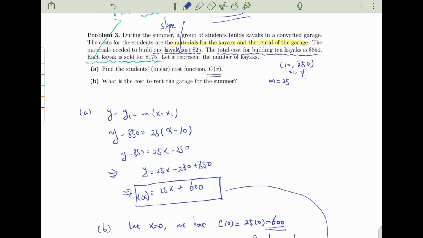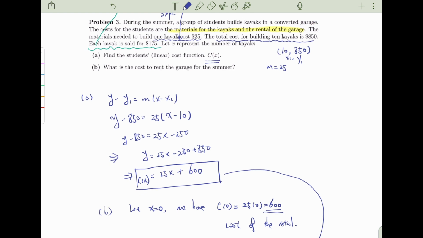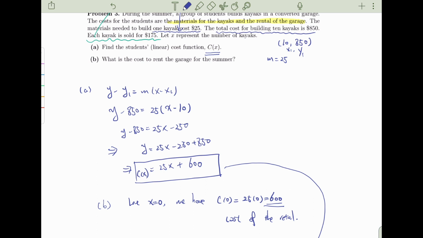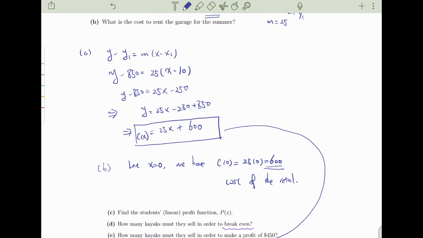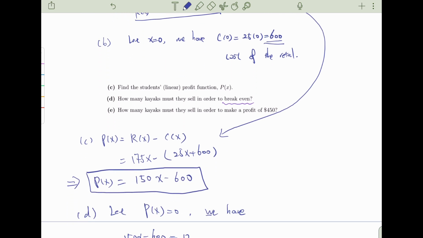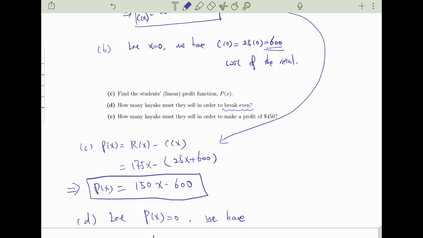Question 3, a little summary. So basically we are working on finding the equation of the line first, and after we got this line, we plug this cost function into the business model, that is the revenue profit cost formula, P of x equal to R of x minus C of x, right?